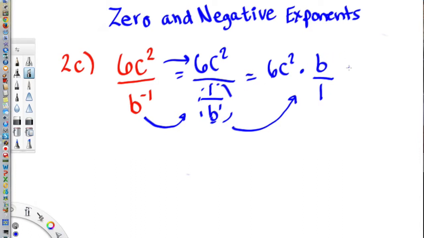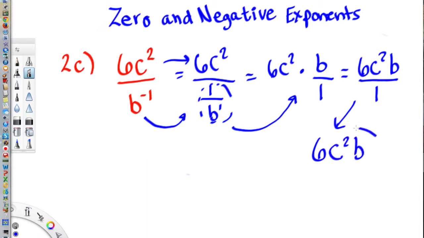Well, b to the first power is just b, so we really don't need to make it any more complicated than that. And then I multiply straight through. 6c squared times b is 6c squared b, and then over 1. Okay, and it's kind of ridiculous. I really don't need to have that, because anything divided by 1 or over 1 is itself. So my final answer is that.